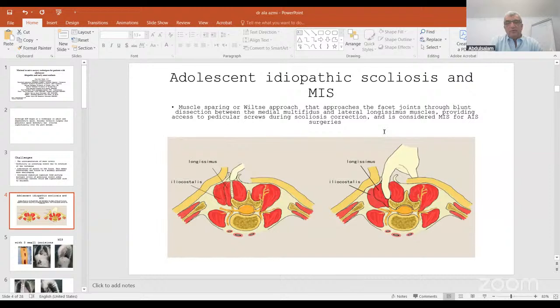Actually, you see the longissimus muscle and you put your finger medial to it, and it will be between multifidus and longissimus, and then you go and insert your screw. This is some sort of less invasive technique where you don't do subperiosteal dissection, you don't cut a lot of soft tissue. It will give you access that will also be safe for you to put pedicle screws. And in pediatric orthopedics, we use that a lot, especially when we do early onset, which I'll talk to you about.